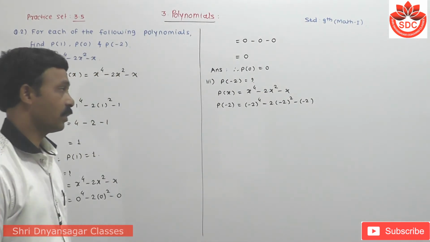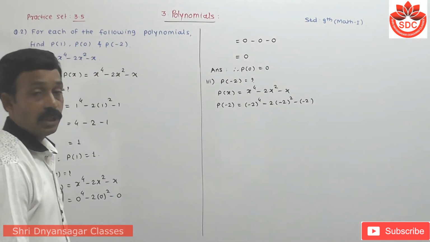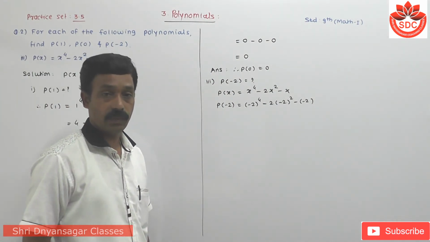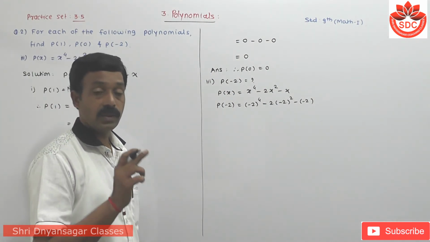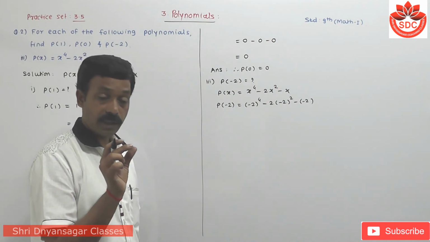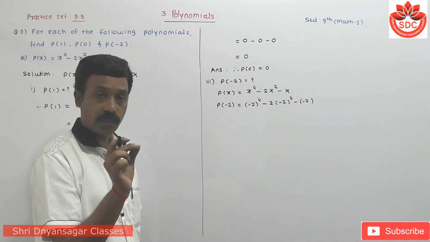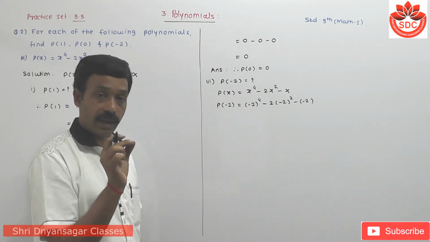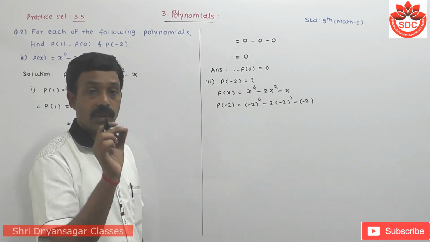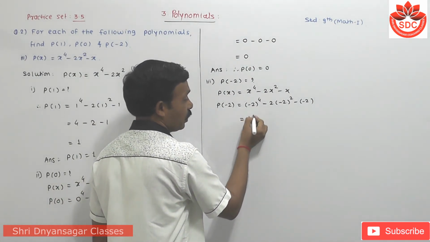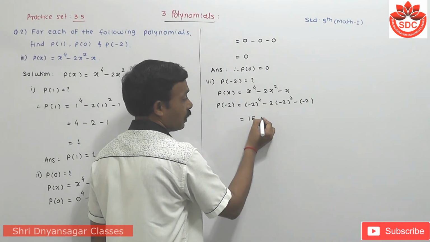Take bracket for this minus 2. Then student, minus 2 raised to 4 means the product of minus 2 four times. Then minus 2 into minus 2 is minus minus plus 4. Then plus 4 again into minus 2 becomes minus 8. Then again minus 8 into minus 2 is plus 16. So this minus 2 raised to 4 becomes 16.